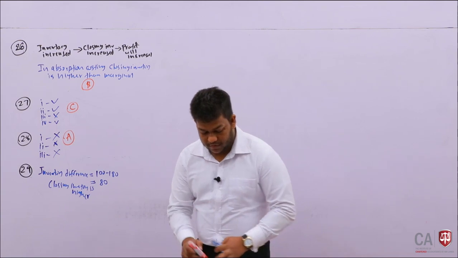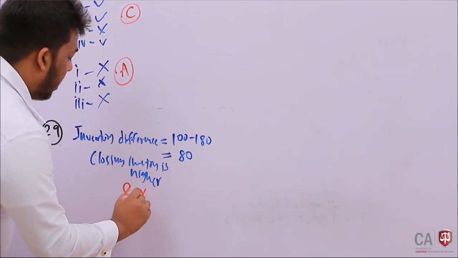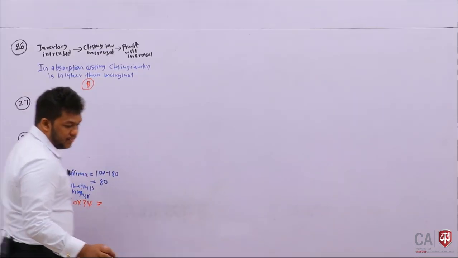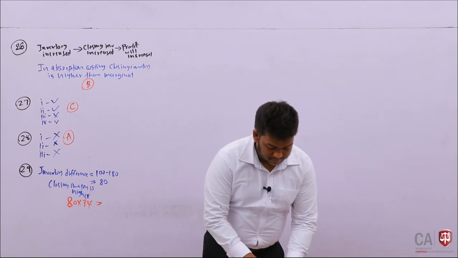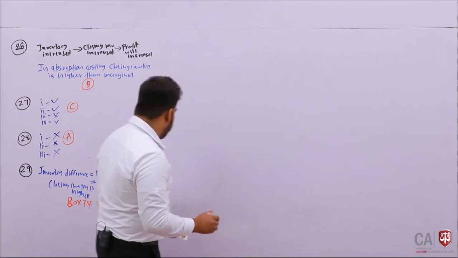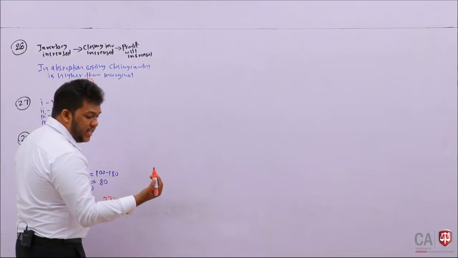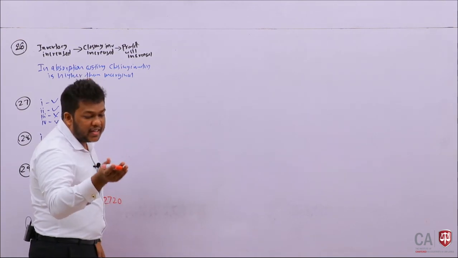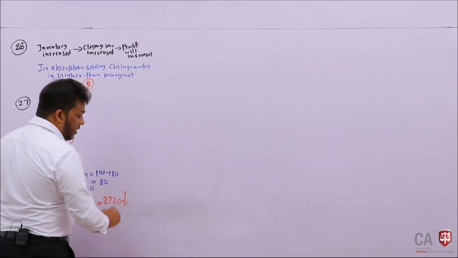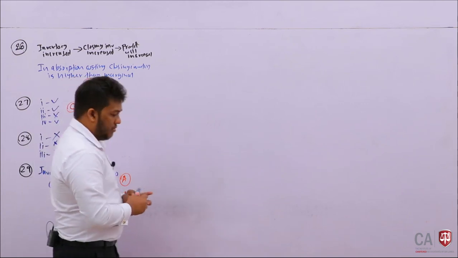So 80 into 34, how much? 2,720. So is this higher or lower in marginal? In absorption costing it is higher, but they are asking for marginal costing. So in marginal costing this is lower. Then the answer is A.